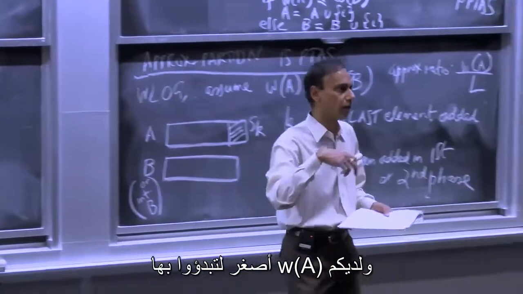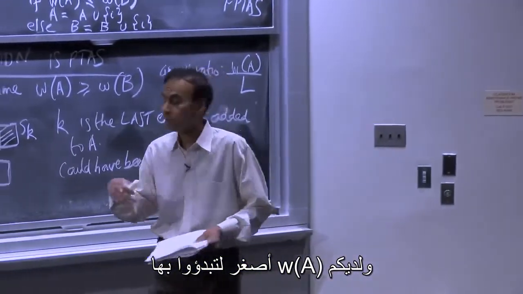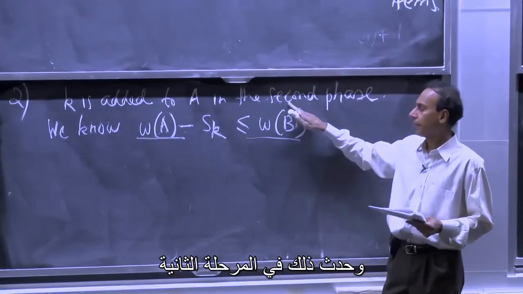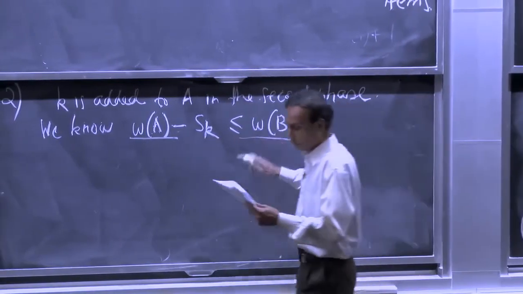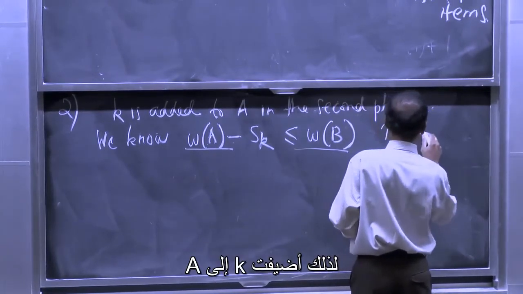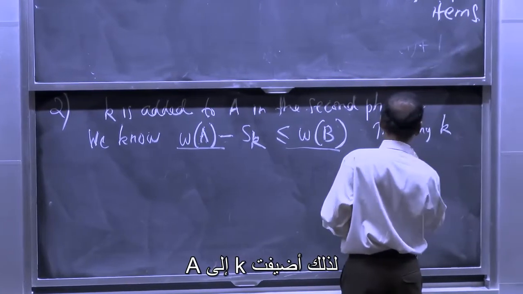And you had a smaller WA to begin with, and you added SK to it, and that happened in the second phase. So this is why K was added to A.